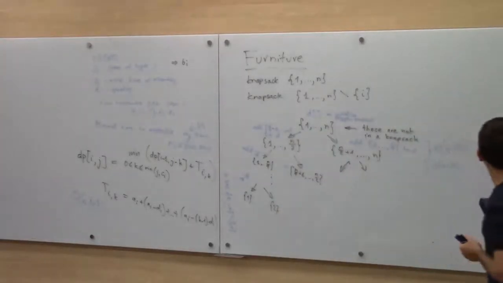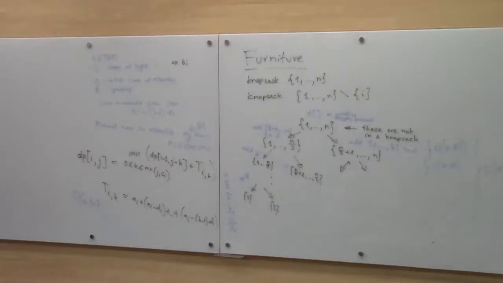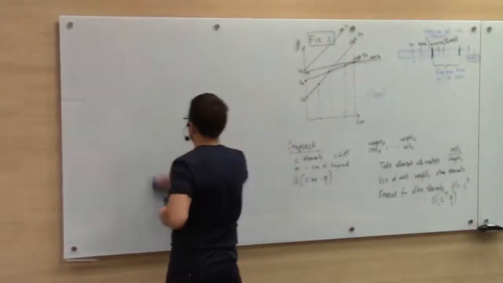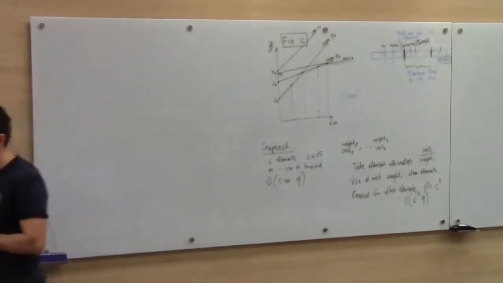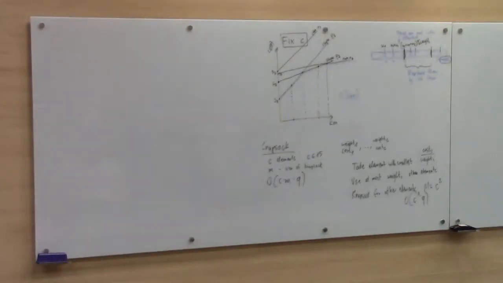So maybe I will use, okay, I will use this part. Basically, we would like to prove that there won't be many types for which we assemble some number of items of this type, but we don't assemble all of them.